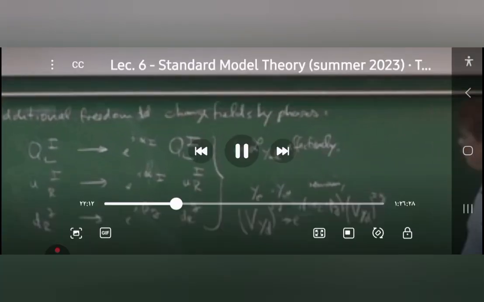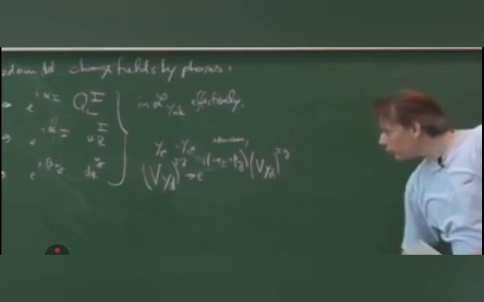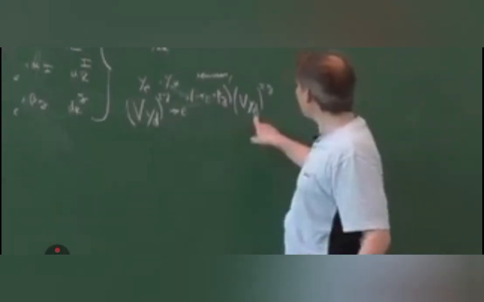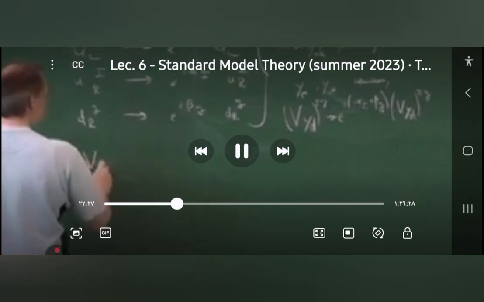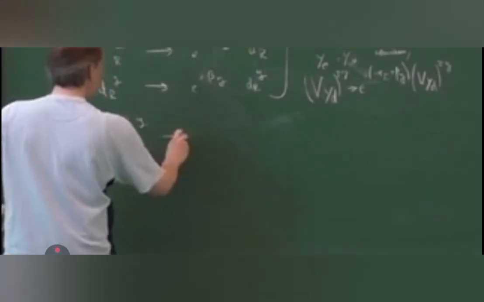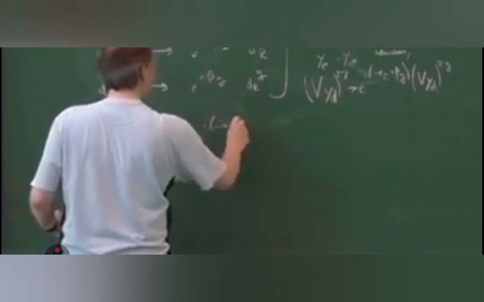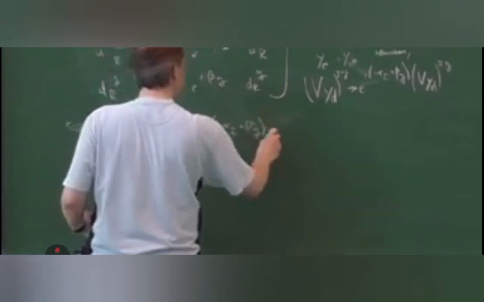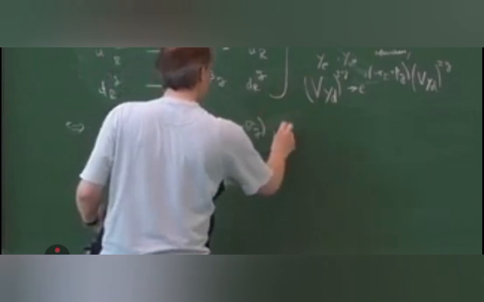Okay, so you can change this product of matrices by such complex phases. And actually, since the Yukawa matrix here is diagonal, that is simply equivalent to the same change just for the CKM matrix. So CKM matrix V_ij goes into e to the i minus alpha i plus beta j V_ij.